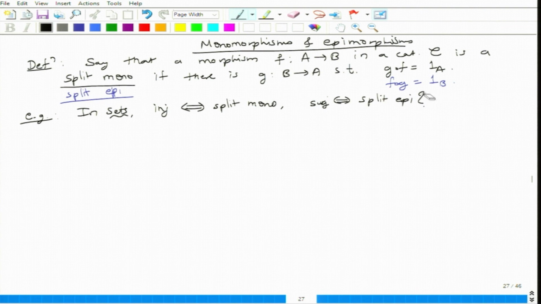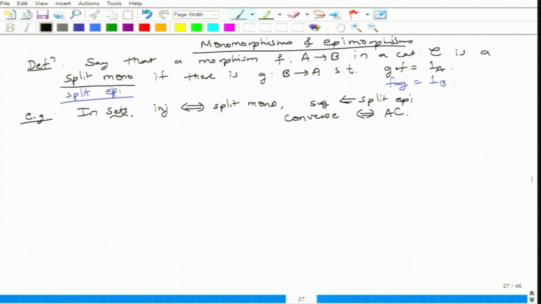Split epi implies surjective is clear. The converse is true here if and only if the axiom of choice holds. Otherwise it doesn't hold.